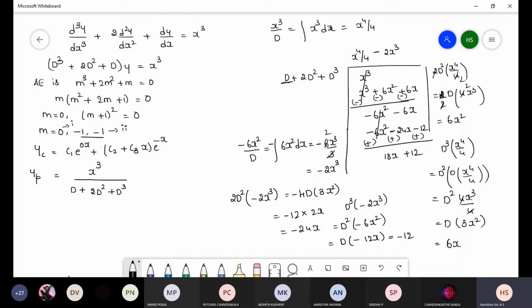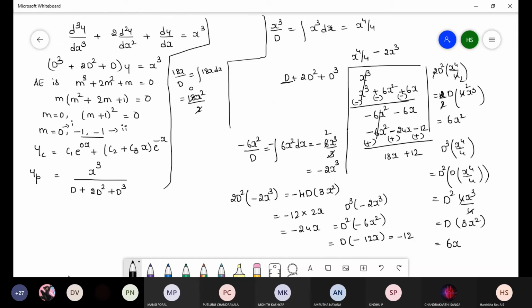Again here we have the differential operator. So I write 18x divided by D, the single integration of 18x dx, because the reciprocal of the differentiation is integration. 18x square divided by 2, 2 nines are 18, so here we can write plus 9x square.